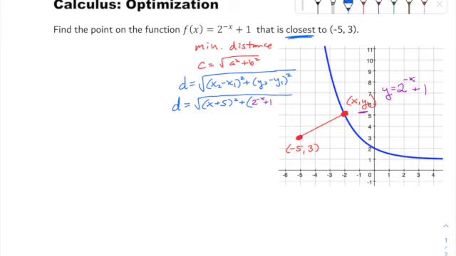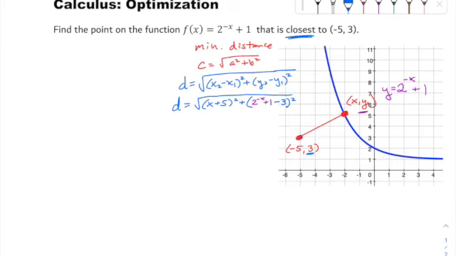And then you are subtracting this y value of 3, right? That is y minus y, y minus 3, and y is really just this. And that's the thing that happens on all these distance from a point to a curve problems: you use the function name in place of y, and there we go.